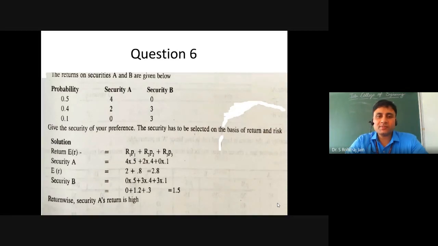So 3 multiplied by 0.4 plus 3 multiplied by 0.1 is 1.5. So we have now calculated the expected return of security A and security B. Return wise, security A's return is high, equal to 2.8.